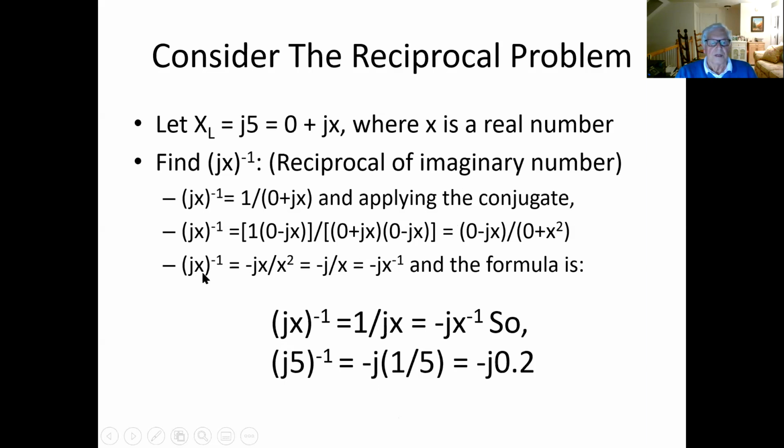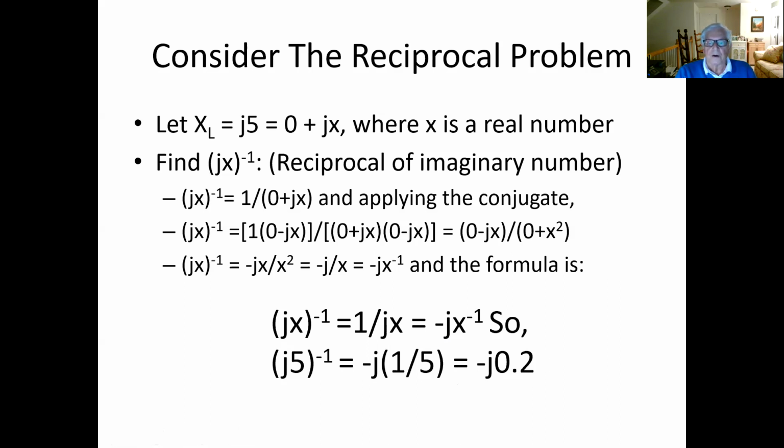If we go through this, we get the answer as minus j times 1 over X. So the reciprocal of jX is simply negative j times the reciprocal of X. So the reciprocal of j5 is minus j 1/5, or 0.2. Okay.